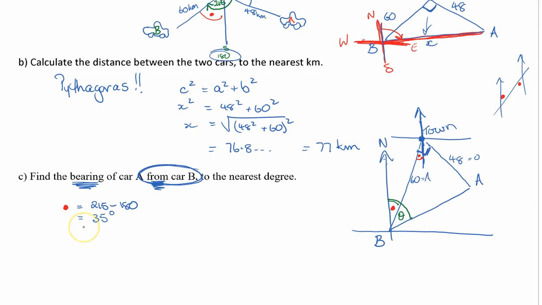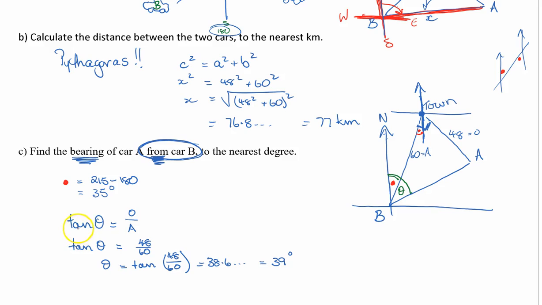To find theta, we'd established that in that right-angled triangle, to find theta we need tan. Tan is opposite on adjacent. Opposite side is 48, adjacent is 60. To find the angle we take tan inverse.